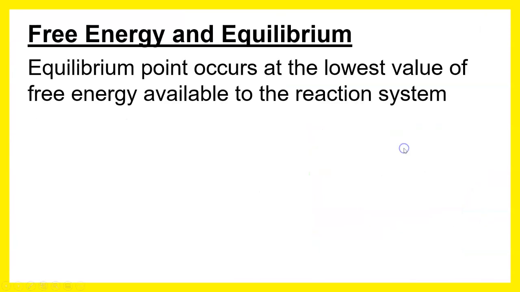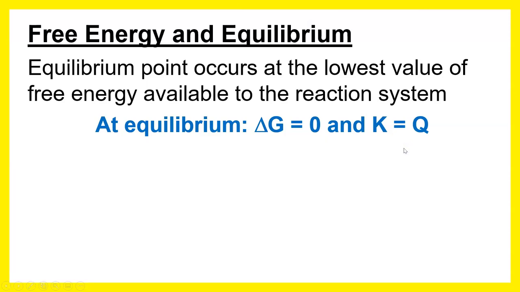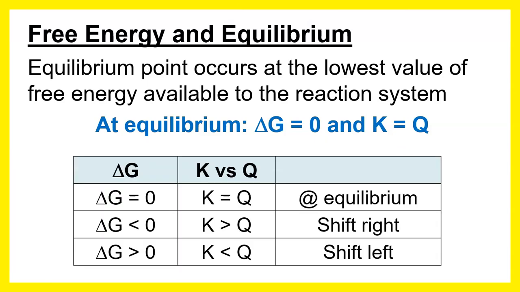So, at equilibrium, delta G is 0 and K is Q. If K is larger than Q, you don't have enough products yet.